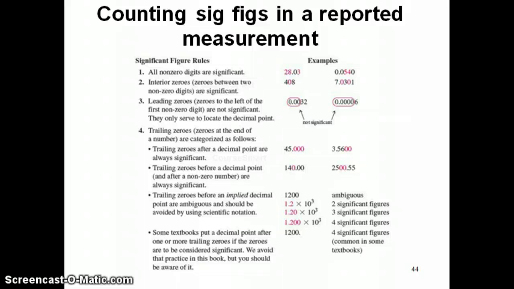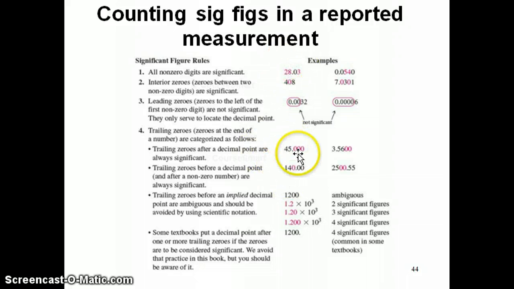So the rest of this video is just on significant figures and how to count and how to use them in calculation. These are really things that you should know already from your prior course in introductory chemistry. So I'm just going to mention a couple of things here. Remember that this is how you count significant figures. So if you have significant figures in your measurement, you need to count them. You need to know these rules.